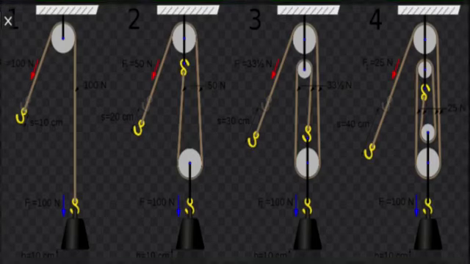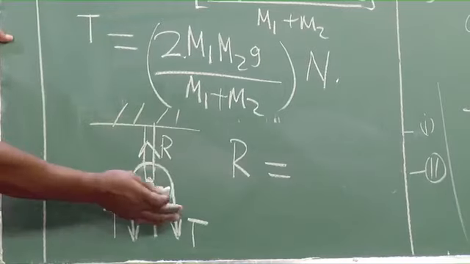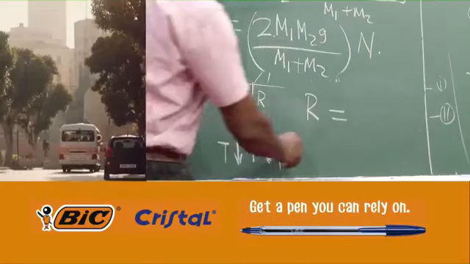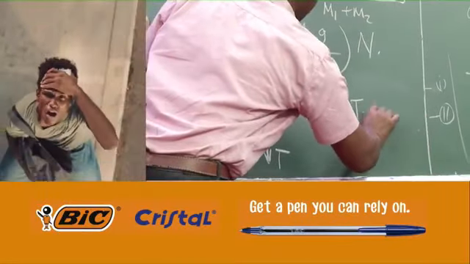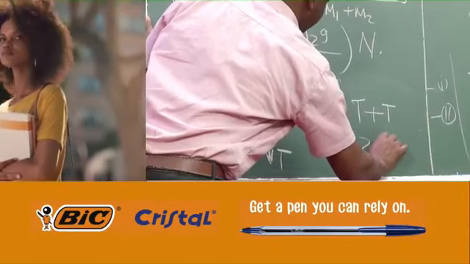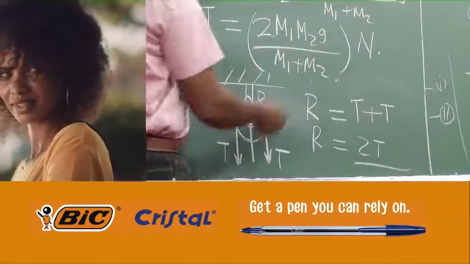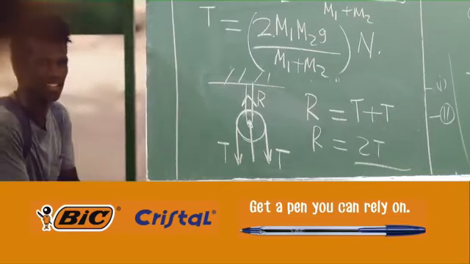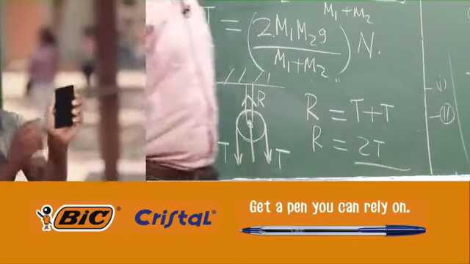If they tell you to find the reaction, we will use the condition of equilibrium, that in equilibrium, forces acting in opposite directions are equal, and therefore R will be equal to T plus T in this case, and therefore the reaction will be equal to twice the tension. And since we know the tension, if they want the reaction, you can always use that expression and get the reaction sorted out.